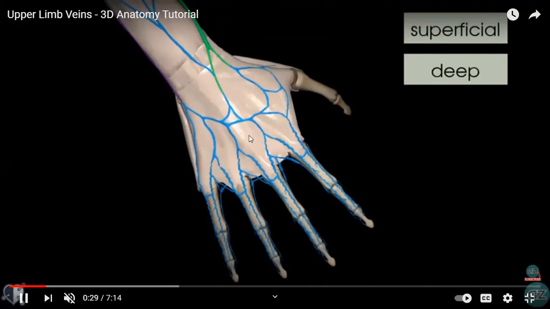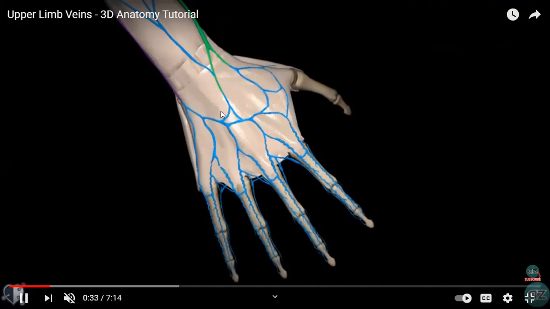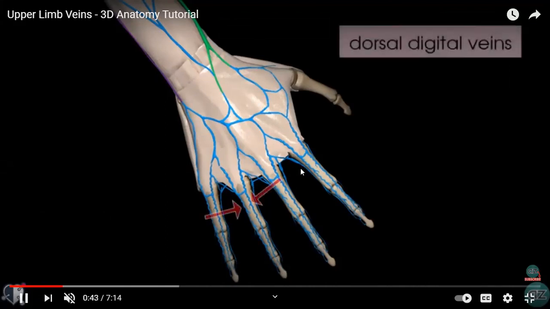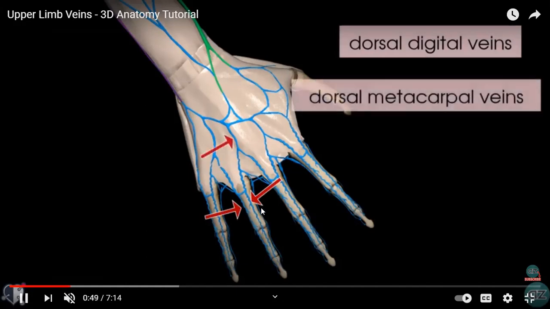These are the metacarpal veins. This is the dorsal venous arch. On the lateral side, you have the cephalic vein. On the medial side, we have the basilic vein, isn't it? These are the things we are seeing. So these are the dorsal digital veins which are named here. Then these are the dorsal metacarpal veins.